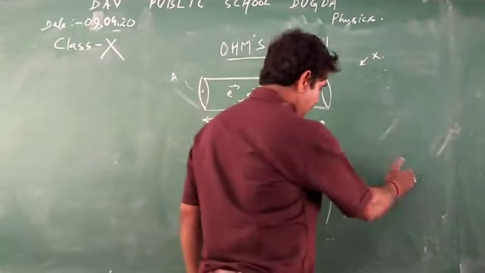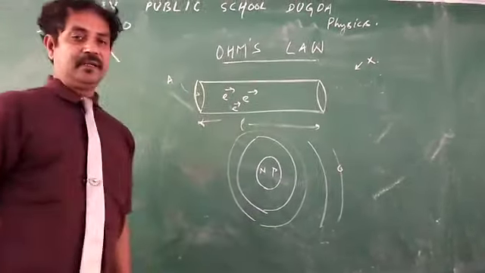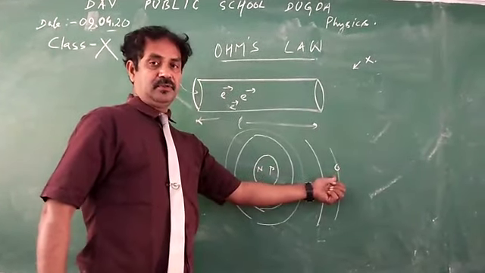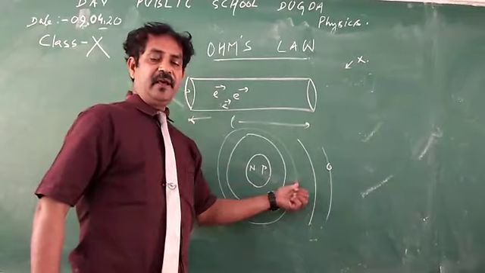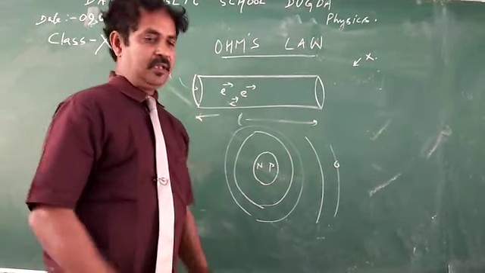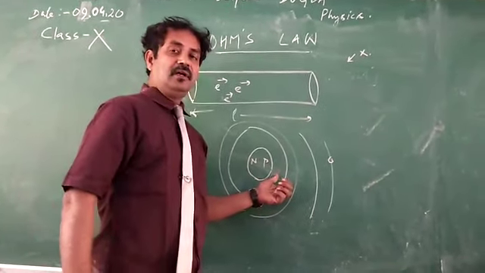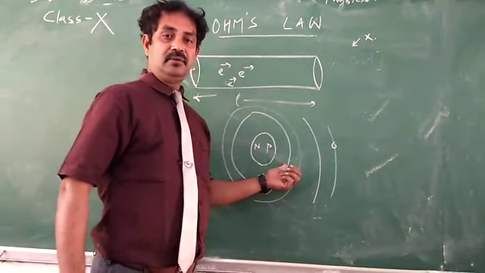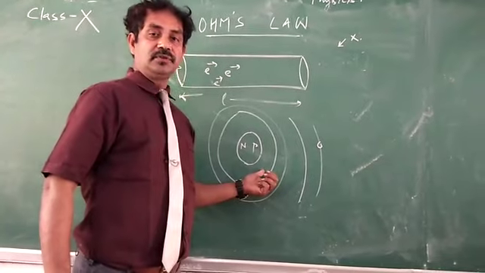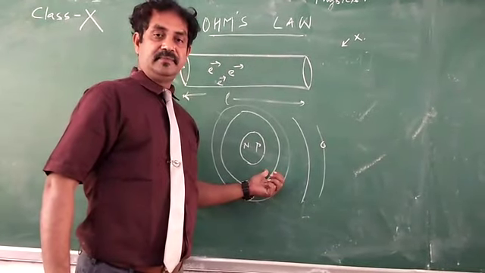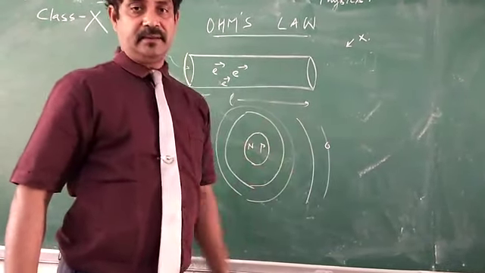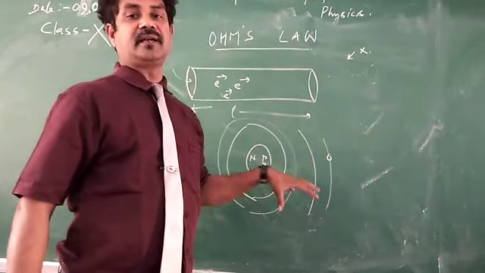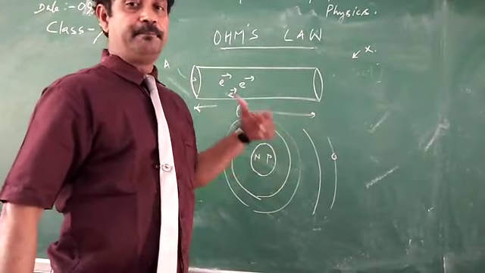Because electrons have left their atom, and when electrons leave an atom, the atom becomes positively charged, because now the number of protons in the atom is more than the number of electrons present in the atom. So atoms become positively charged.